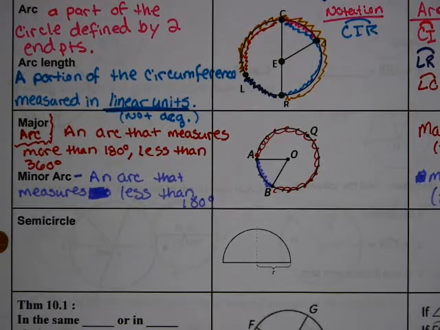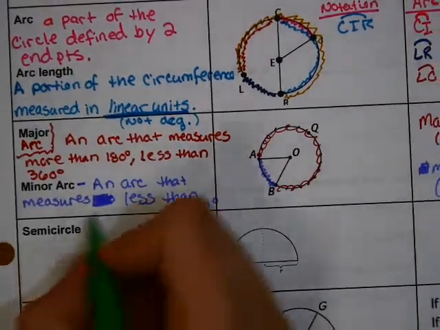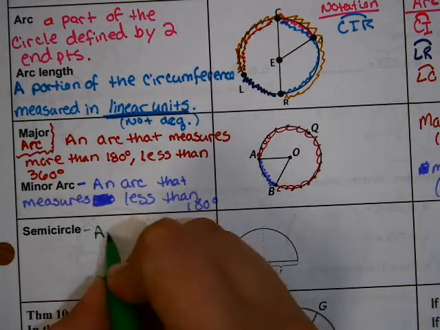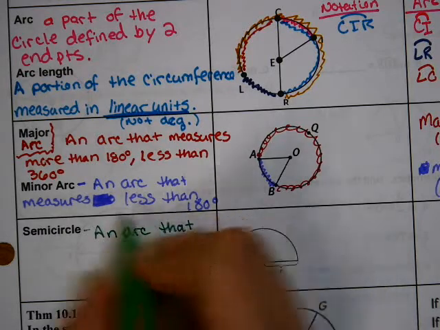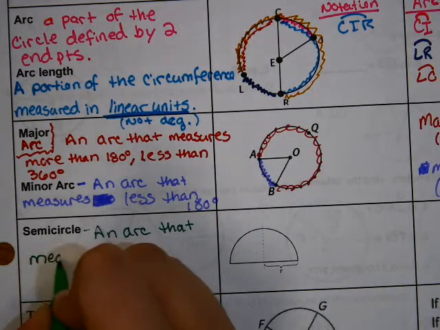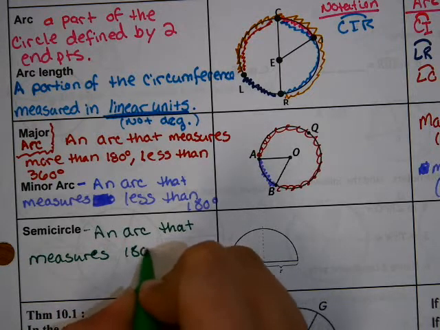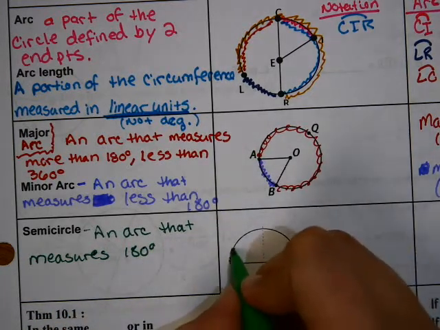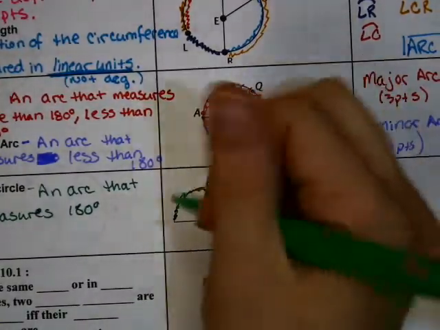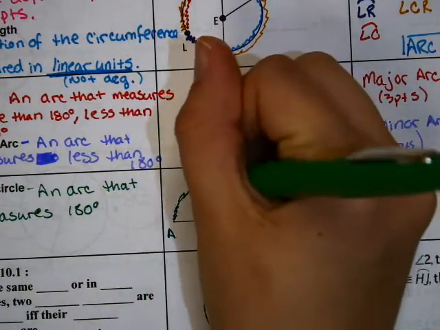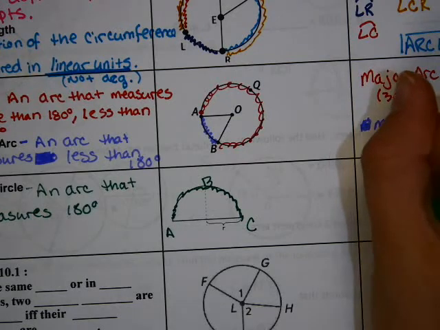All right, a semicircle is an arc that measures exactly 180 degrees. So here, this would be my semicircle, and my arc would be ABC.